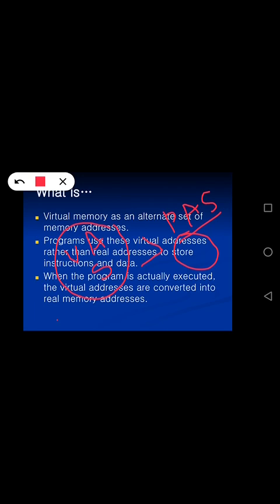So remember that the virtual address space is always much larger than the physical address space.